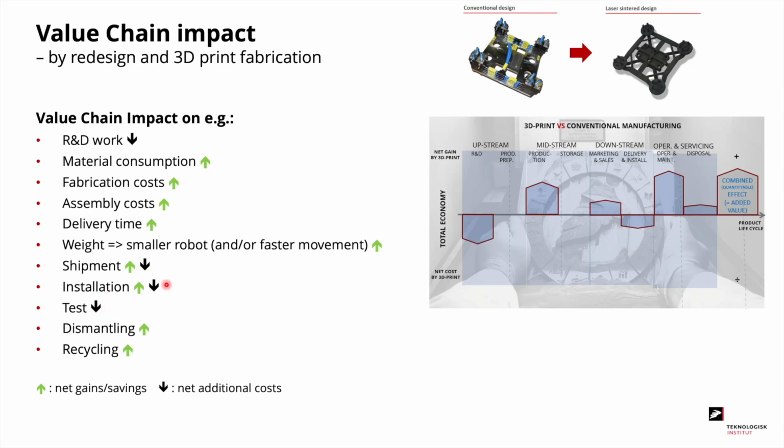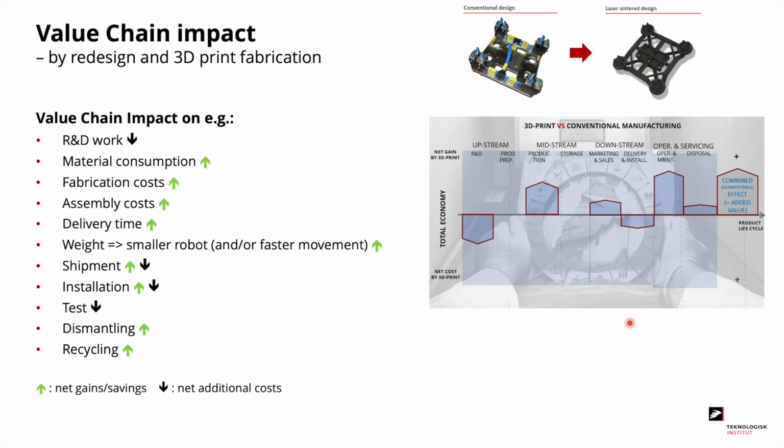The positive effect you have on material consumption, fabrication cost, assembly cost, delivery time, and weight reduction that led to a smaller robot and/or faster movement. Then at the end, for dismantling and recycling, you have a positive effect or a saving. And that could be illustrated as shown on the graph to the right.